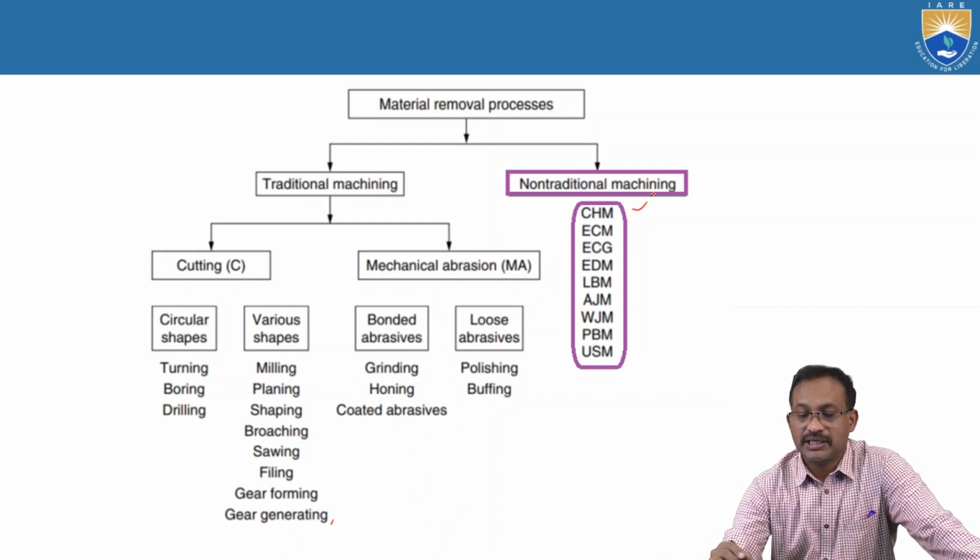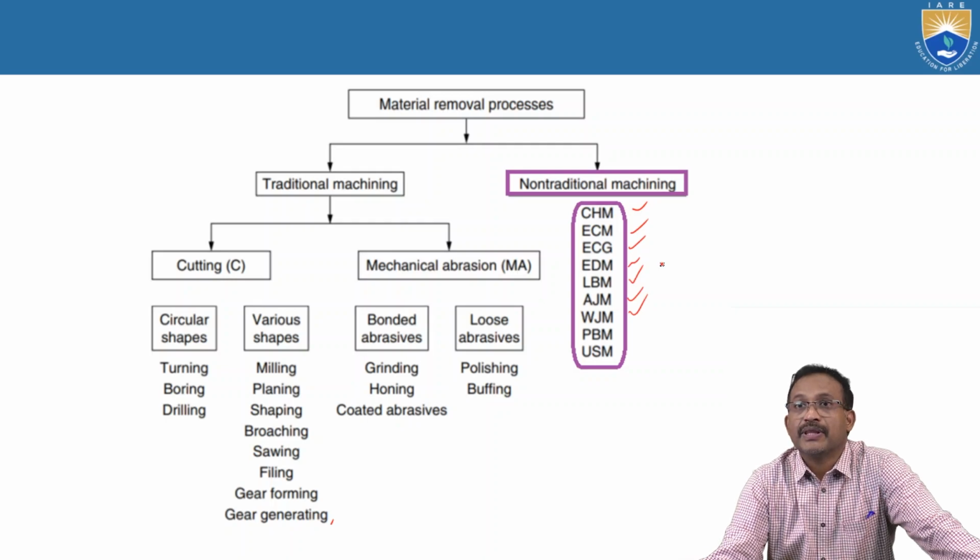First one is CHM, chemical milling, ECM, electrochemical milling, ECG, electrochemical grinding, EDM, electro discharge machining, LBM, laser beam machining, AJM, abrasive jet machining, WJM, water jet machining, PBM, plasma beam machining, USM, ultrasonic machining.